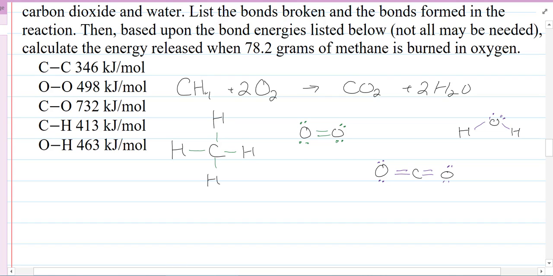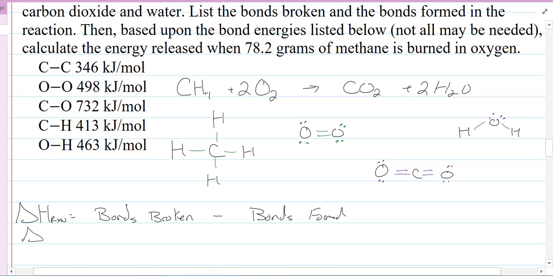Then, based upon the energies listed below, not all may be needed, calculate the energy released when 78.2 grams of methane is burned. So delta H of the reaction is equal to energy of bonds broken minus bonds formed.